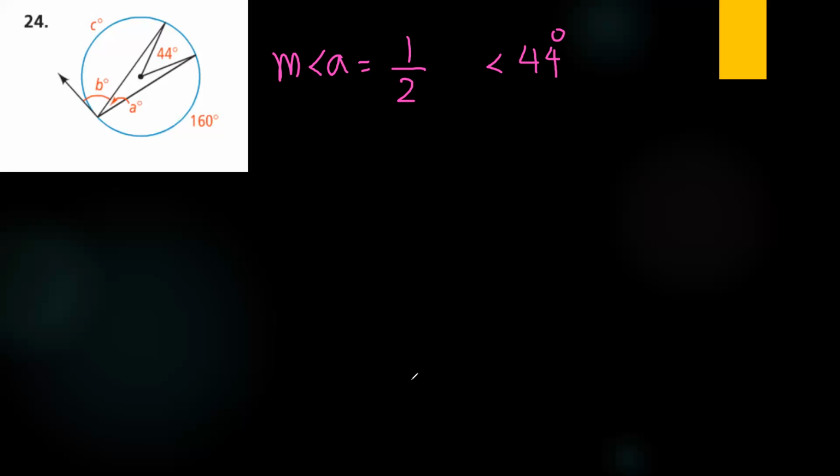Or you can say, since the central angle is 44, the arc will be 44, because the measure of the central angle equals the measure of the intercepted arc.